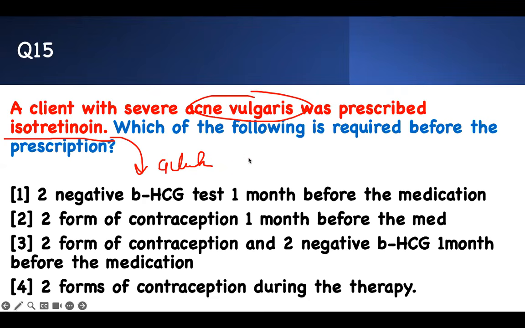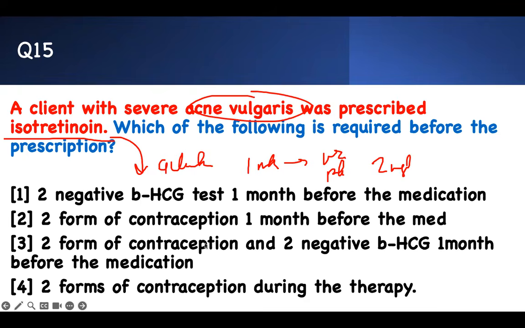Because of that, the month before, we have to make sure you're using a condom and you're taking pills too. And then you have 2 negative pregnancy tests before we give you the medication. And while you're on the medication, we keep on doing that. You have to have it before even the refill.